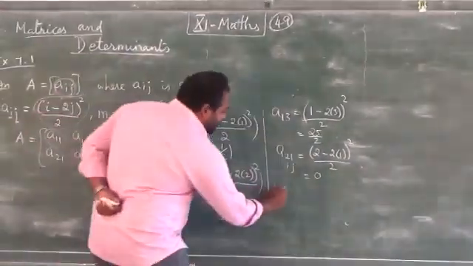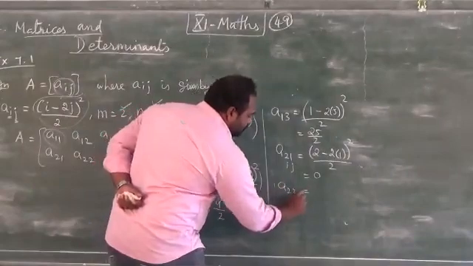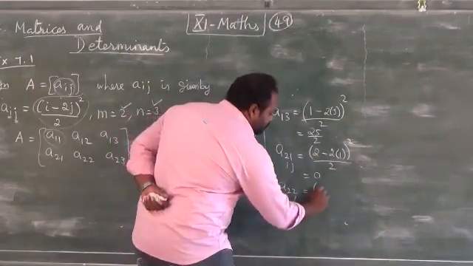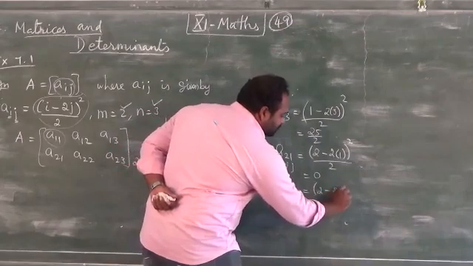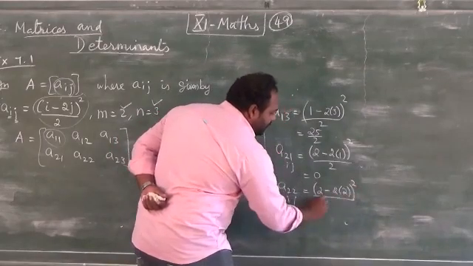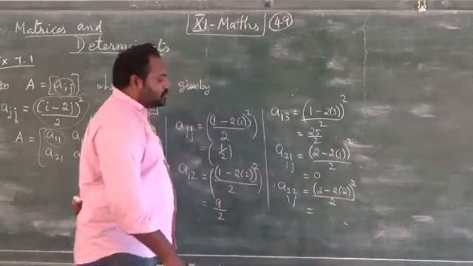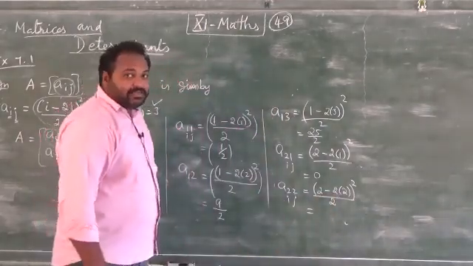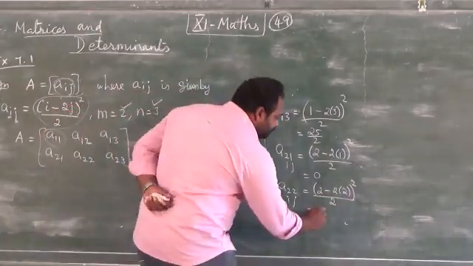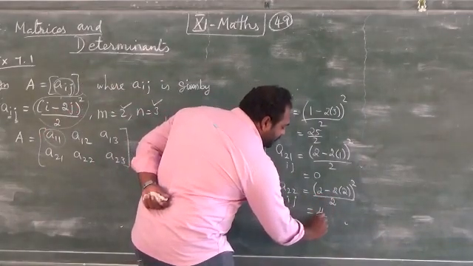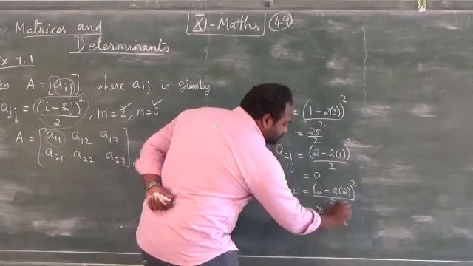Next A22. Here 2 minus 2 into 2, whole square by 2. 2 into 2 is 4, 2 minus 4 is minus 2, squared is 4, and 4 by 2 cancels to 2.